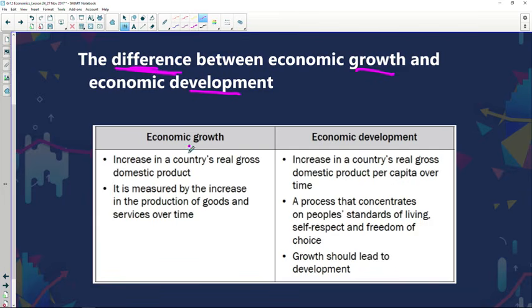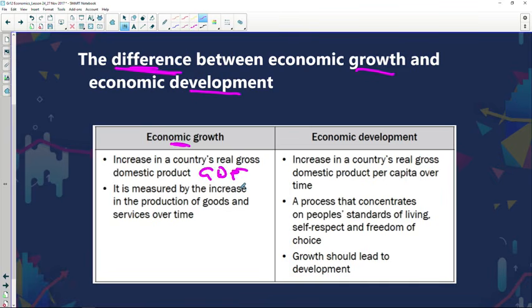So starting off with economic growth over here, we know it is an increase in a country's real gross domestic product, that is the GDP. So when there's an increase in the GDP, we consider that to be economic growth.